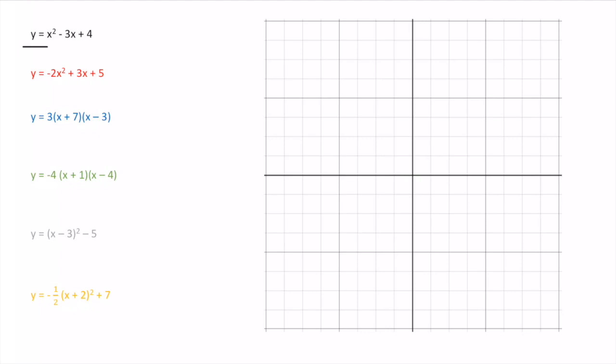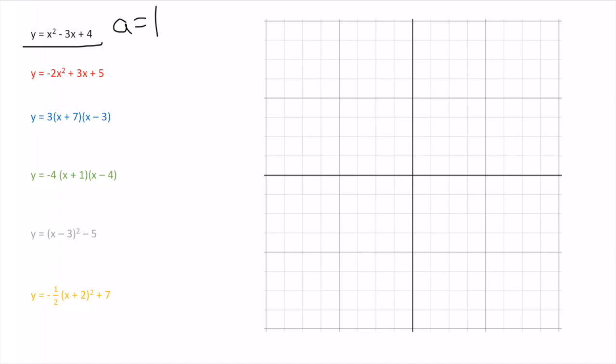So from this first one here, my a value is 1, which means I know it's opening up, and it does not have any stretch to it. When a is 1, it just looks the way we assume that a parabola will look.